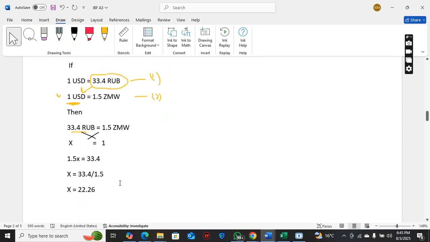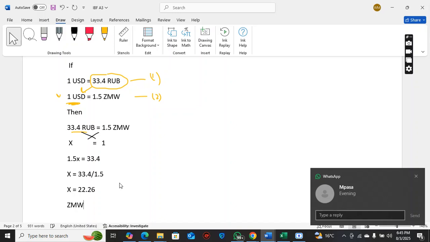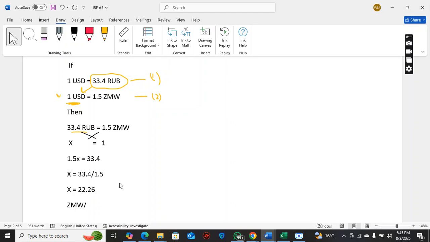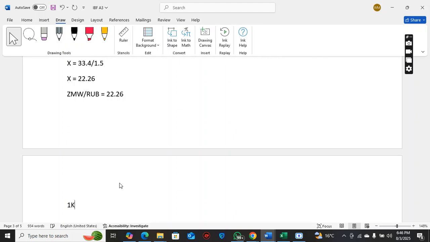So therefore, we say ZMW over RUB equals 22.26, which means one ZMW equals 22.26 rubles.